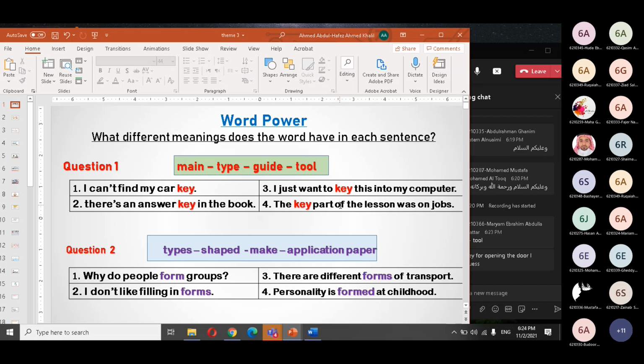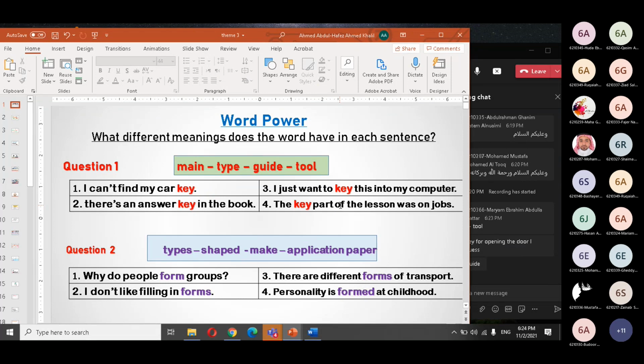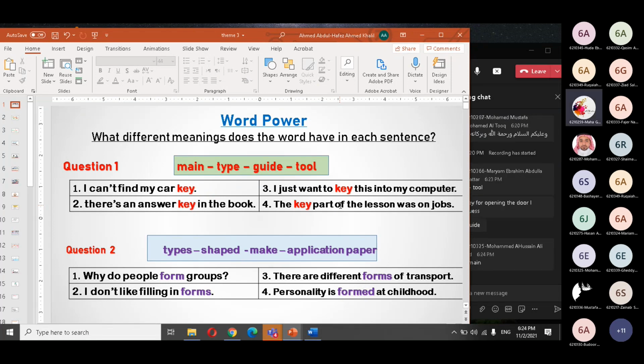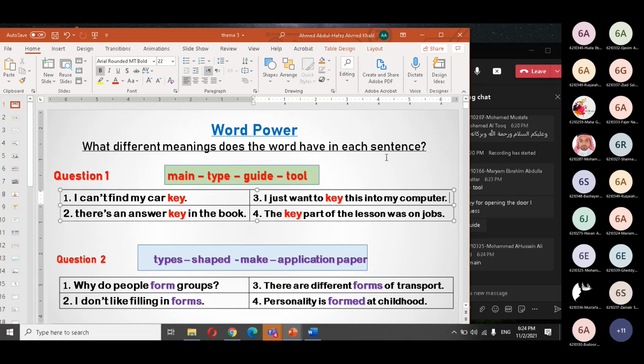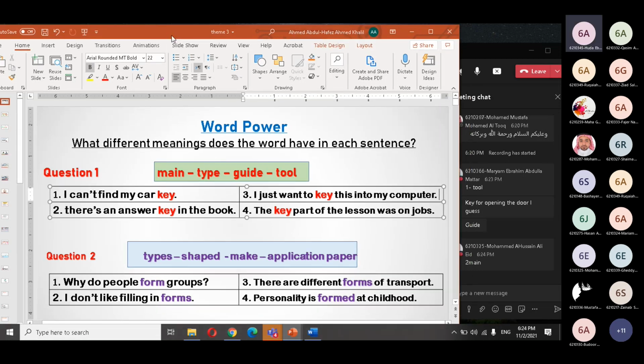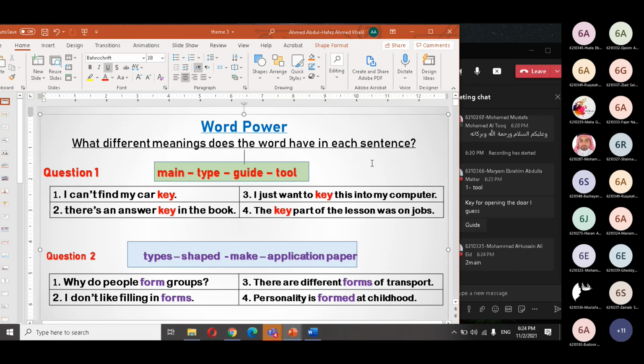The second one, there is an answer key in the book. What does the word key mean here in this sentence? Type, main, guide. You need to read the sentence well.